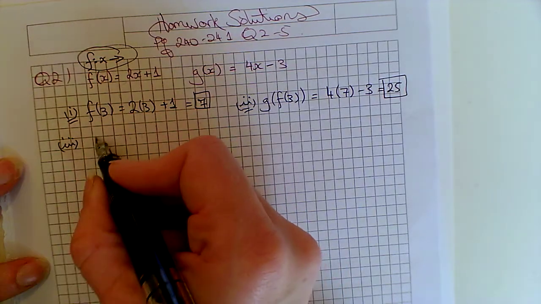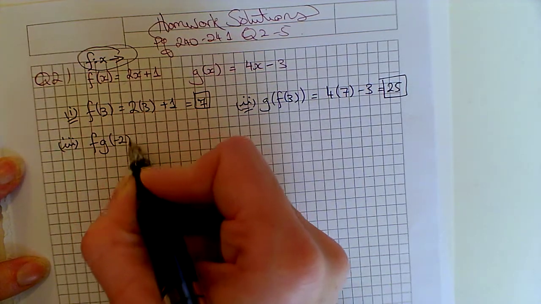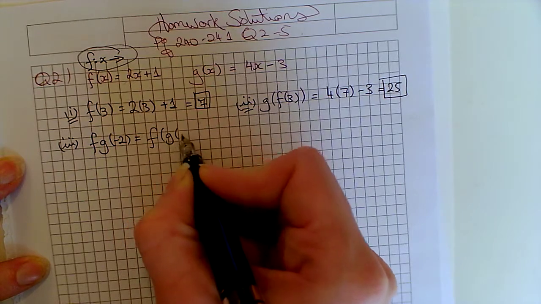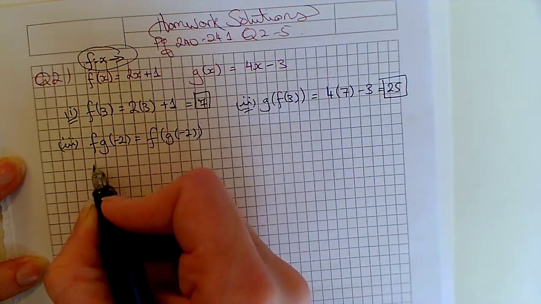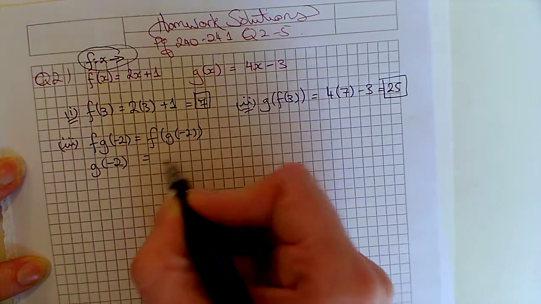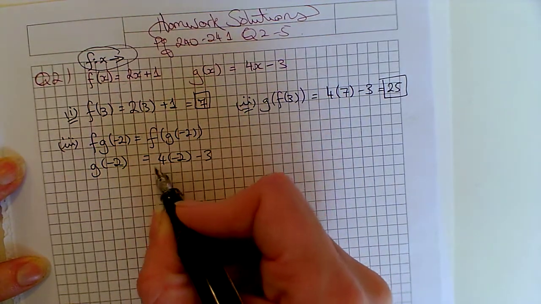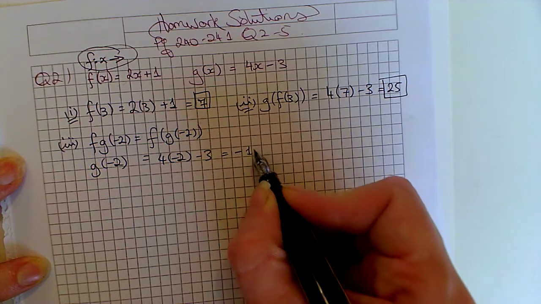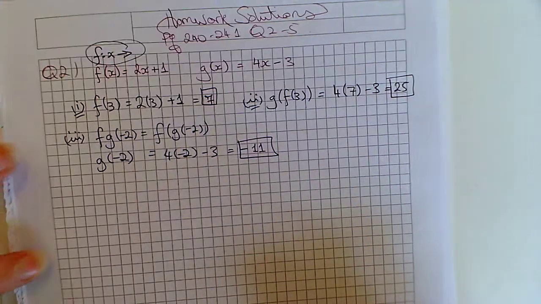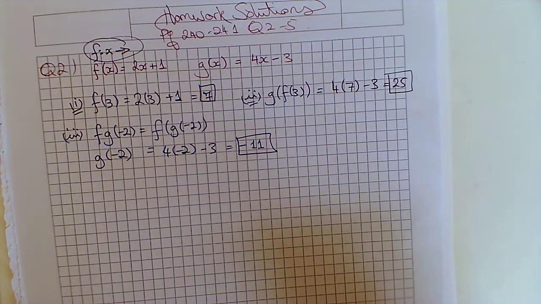Part 3, we're asked for fg of minus 2, but we know that means f of g of minus 2. So first we find g of minus 2, which is 4 by minus 2, take 3. That's minus 8, take 3, that's minus 11. You can use your calculator, of course, especially if you're worried about making a mistake with signs.